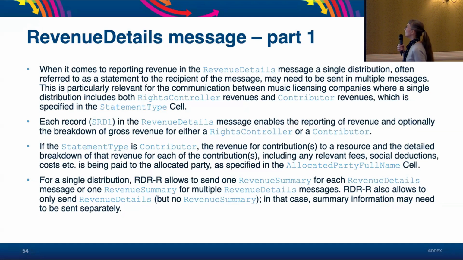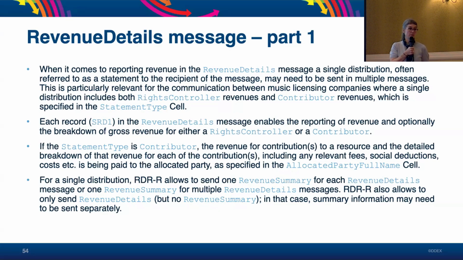So if your recipient is a rights controller, then your message will only show revenue with a statement type cell indicating rights controller. If a music licensing company is sending it to another music licensing company, it has a choice between statement type rights controller or statement type contributor.